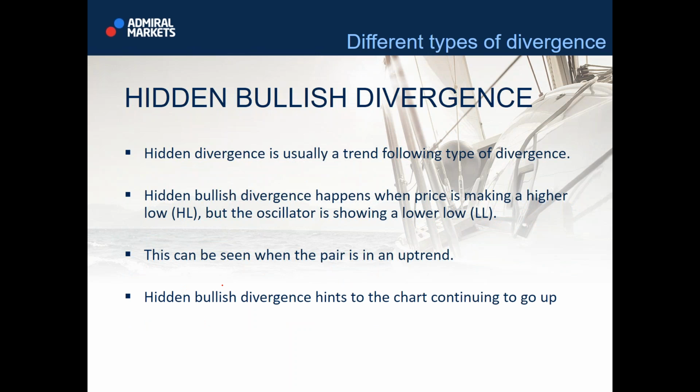So now the price is making a higher low, but the oscillator is showing a lower low. This is hidden bullish divergence. So a higher low on the price and a lower low on the oscillator. We usually want to see this in an uptrend, because hidden bullish divergence hints at the chart continuing to go up.